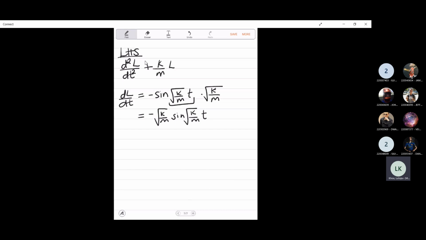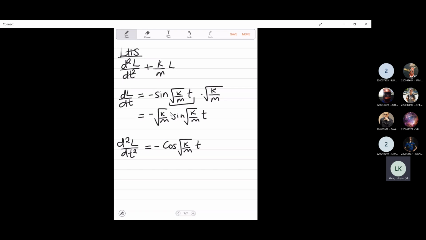Now on the left-hand side we need the second derivative, d²L/dt². I just differentiate this again. The derivative of sine is cos. So I will have minus cos of the square root of k over m times t, and then I multiply by this again, and when this multiplies with that, I will just have k over m.